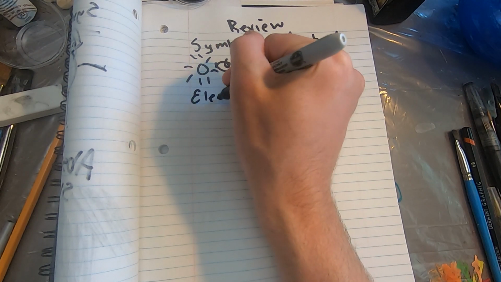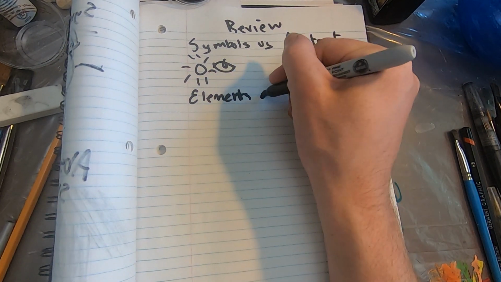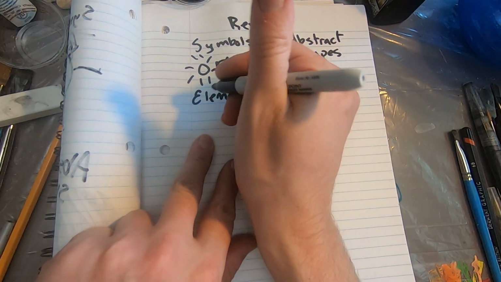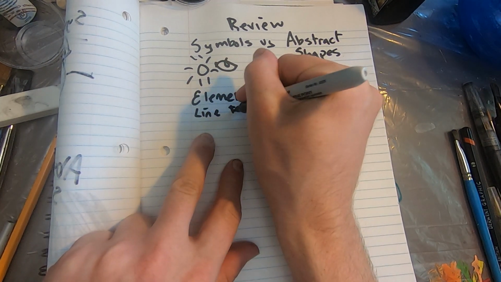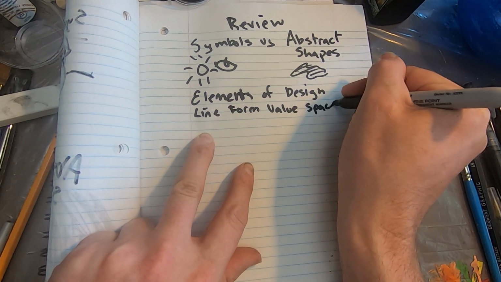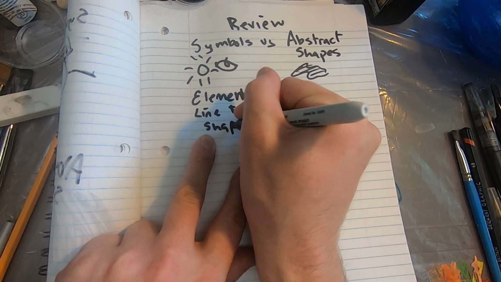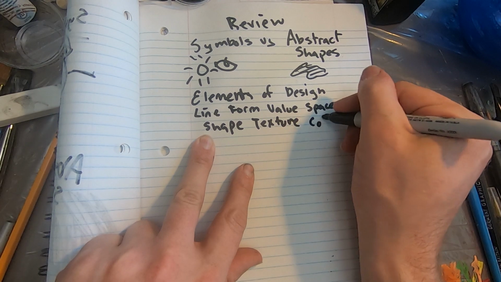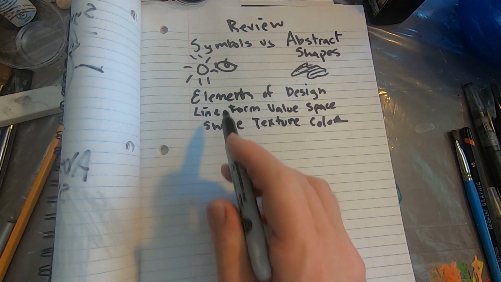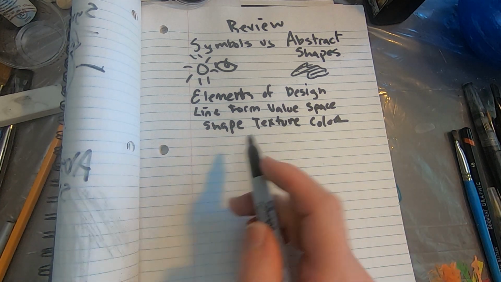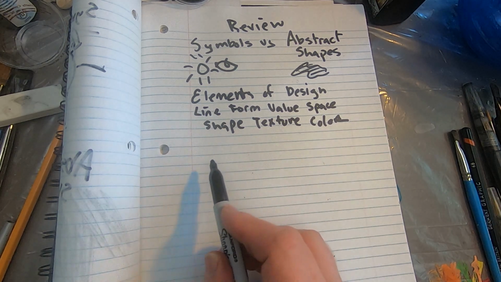We also learned about the elements of design, and those are line, form, value, space, shape, texture, and color. So these are the nuts and bolts of visual art in general, and they're just good things to keep an eye out for when you're looking at any type of art, especially painting and drawing.